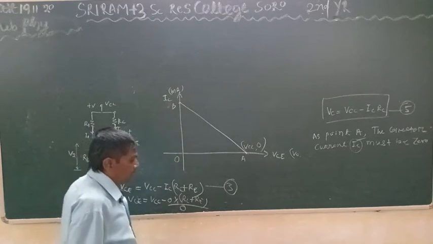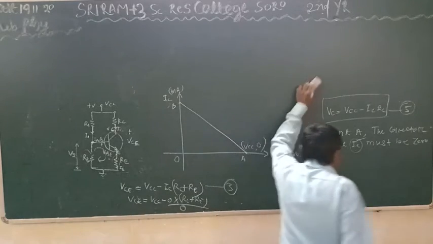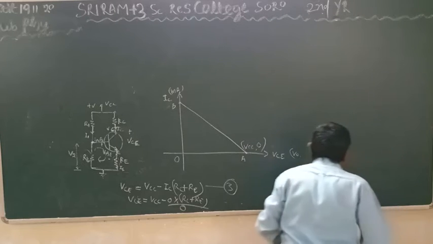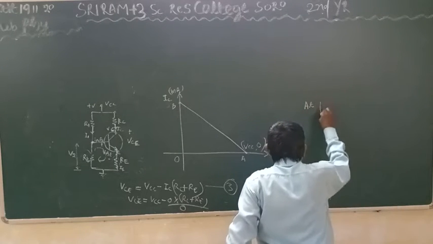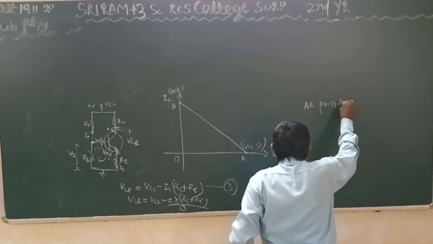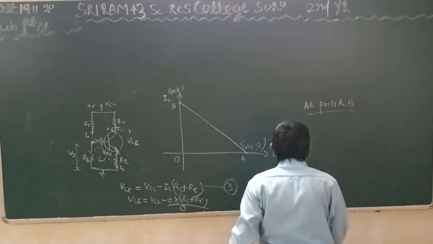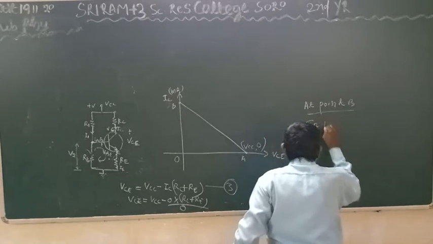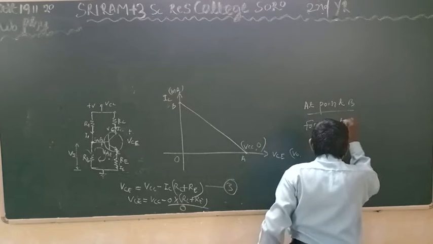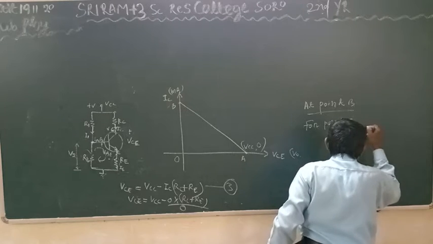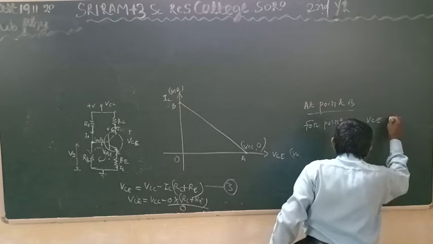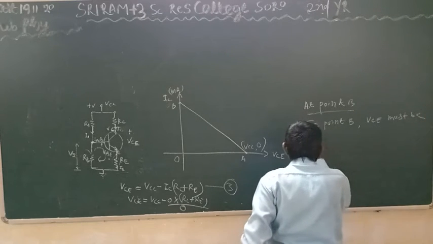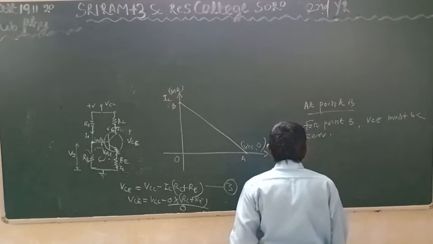Now we calculate point B. For point B, VCE must be 0.